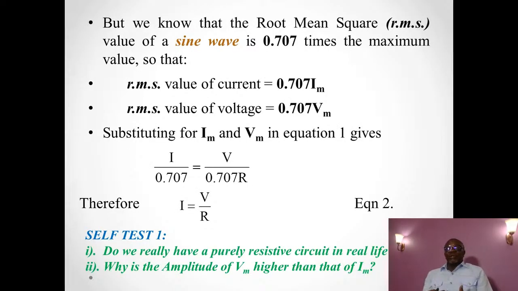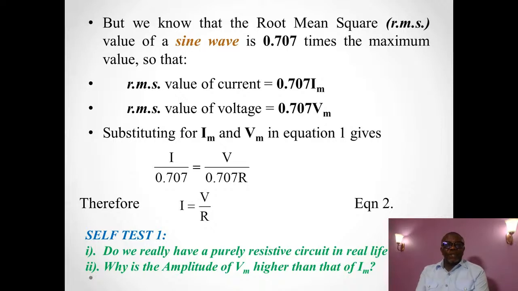But we know that the root mean square, that is the R.M.S value of a sine wave, is 0.707 times the maximum value, so that the R.M.S value of current will be equal to 0.707 Im, while the R.M.S value of voltage will also be equal to 0.707 Vm.